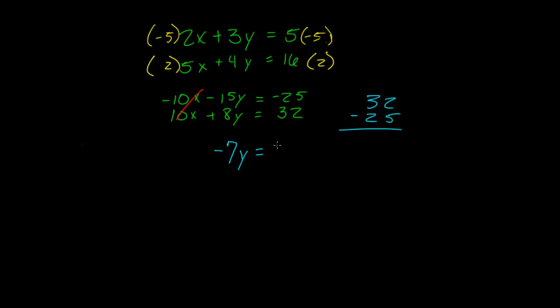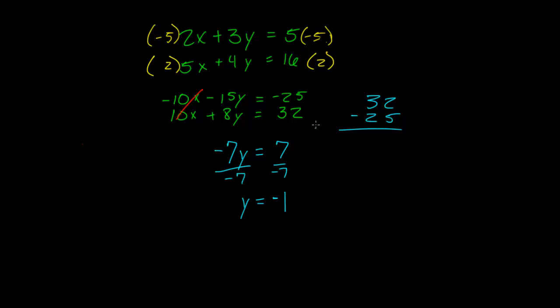What does that give you? Oh, wouldn't you know? Gives you a 7. Divide by negative 7, divide by negative 7. Don't forget your negative. y equals 7 divided by negative 7. The answer will be negative. Any number divided by itself is a 1. So our y is equal to a negative 1.